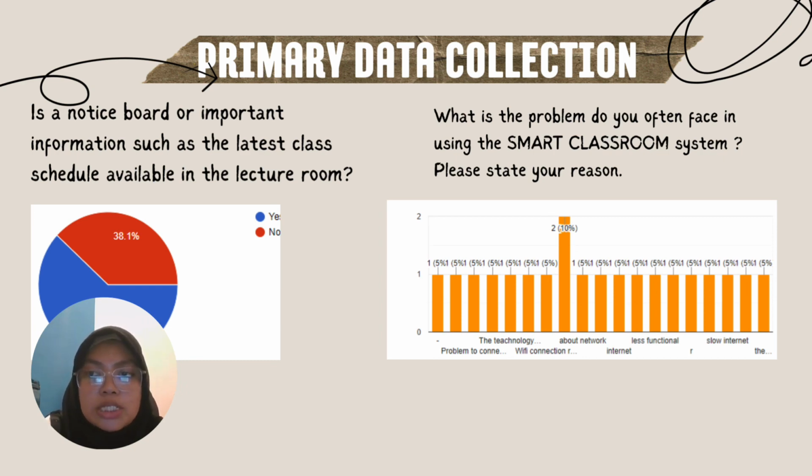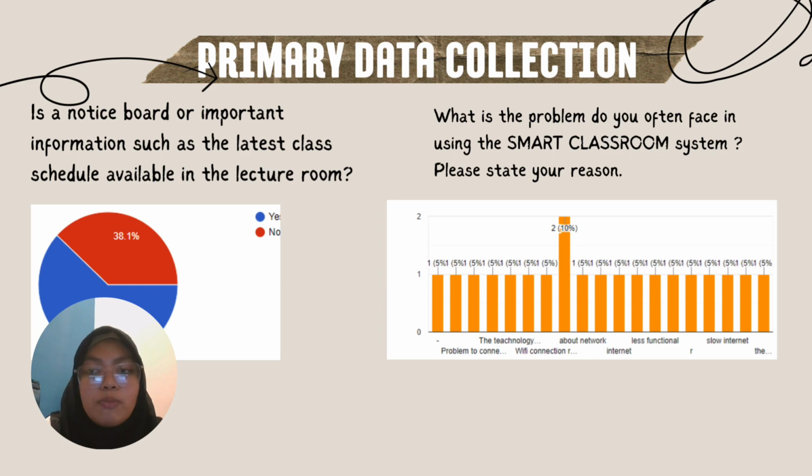The next question is, what problem do you often face in using the smart classroom system? Based on the chart, most of the respondents are concerned that the internet coverage in the smart classroom is not really good, which means if the internet coverage is low performance, it can affect students and lecturers in accessing information during the class.